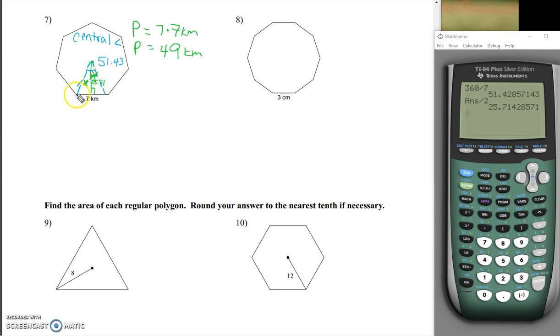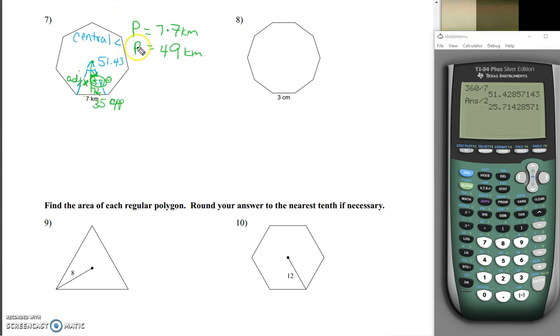Well, the apothem splits the side in half. So instead of 7, I have 3.5 on this side, and I have 3.5 on this side as well. That makes 25.71 my theta, going back to trig. That makes 3.5 my opposite side, and that makes x my apothem, the adjacent side.